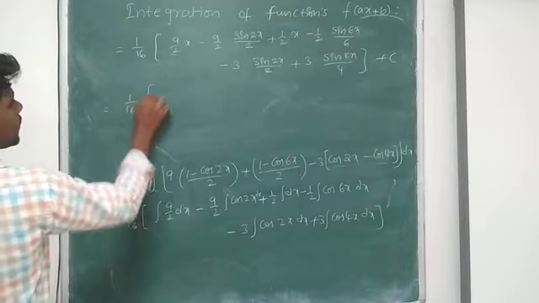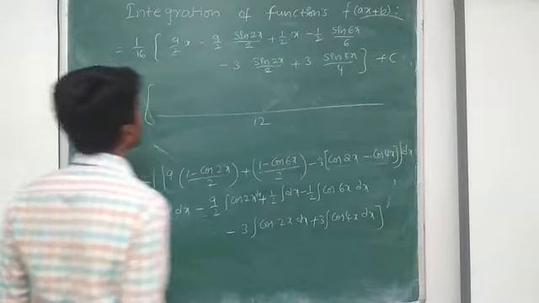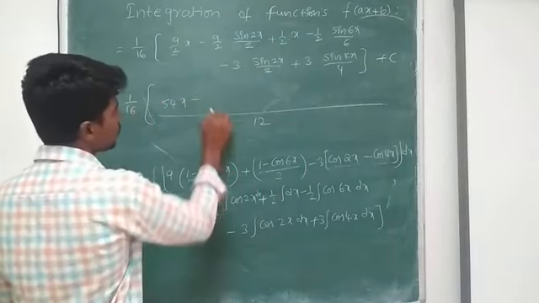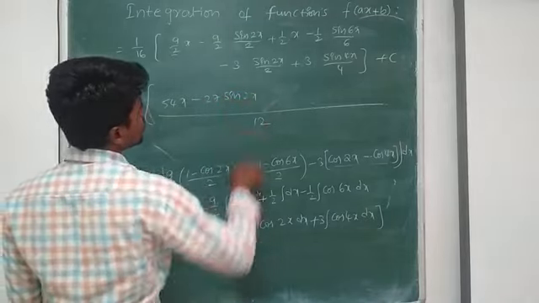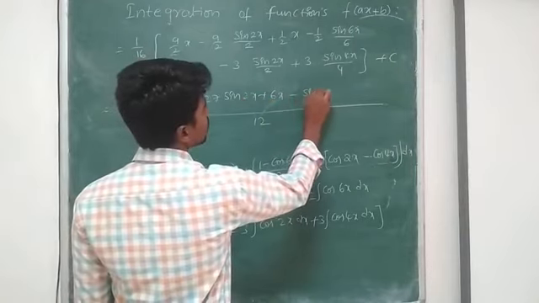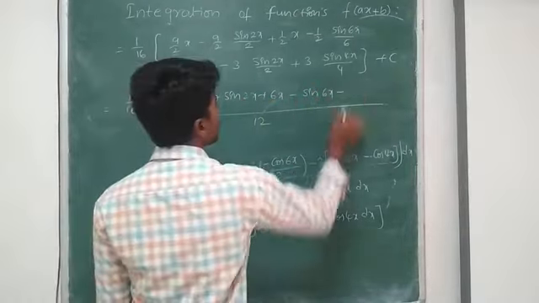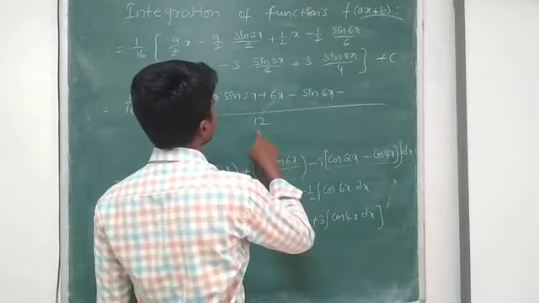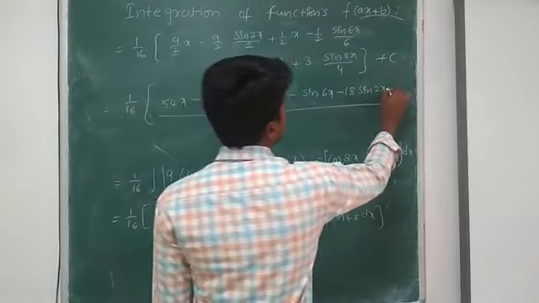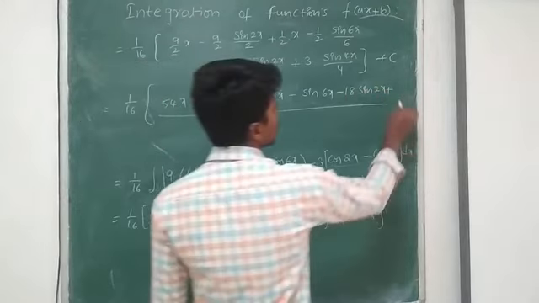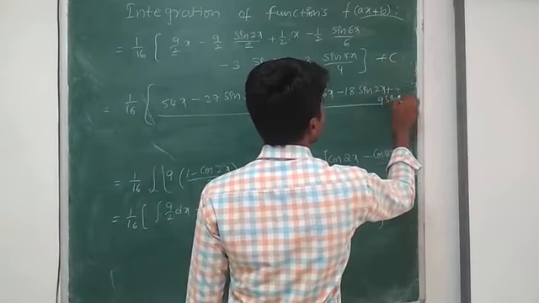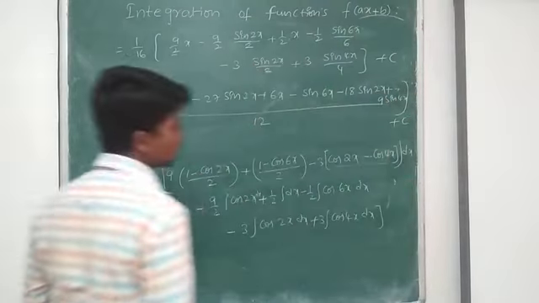So 1 by 16 into, take LCM as 12, 2 6 times 6, 9 6s are 54x minus 4 3 times 27 sin 2x plus 6x minus sin 6x minus 2 6 times 18 sin 2x plus 4 3 times 9 sin 4x plus c.